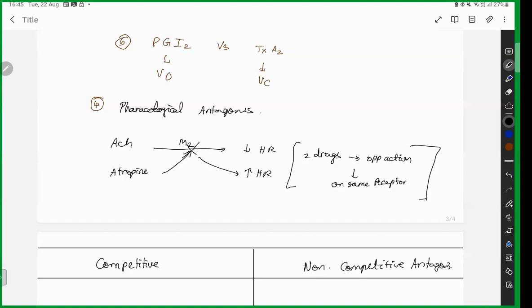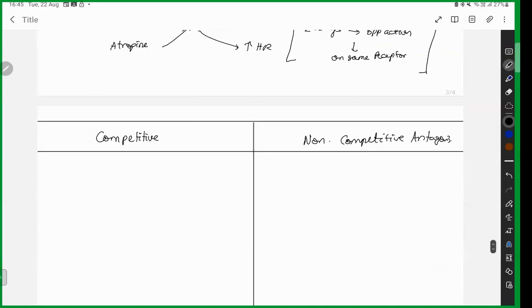Can we write down all the points we discussed? In competitive inhibition, competition for the binding site is present, binding to the active site. Here, no competition.